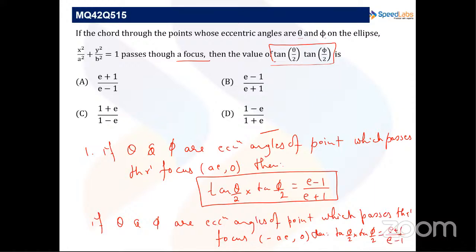These two results are very important. We are not given which focus it is passing through, so it may be this focus or this focus, so we can have the two options, that is A and B. So our correct options are A and B.